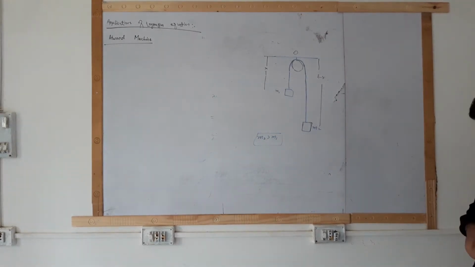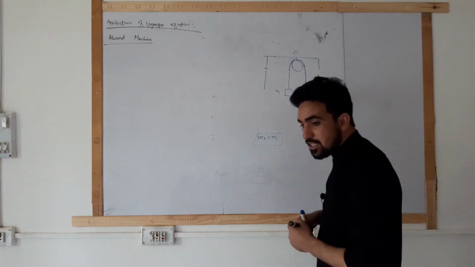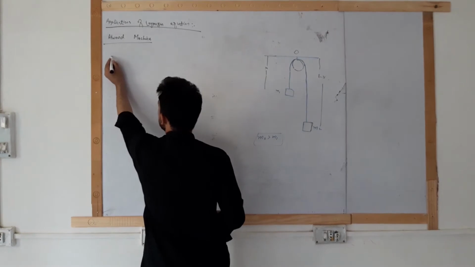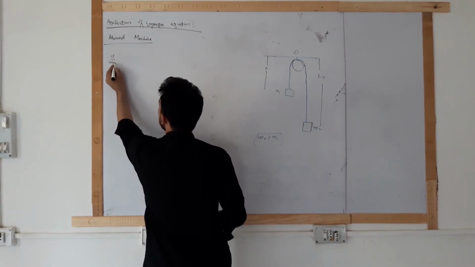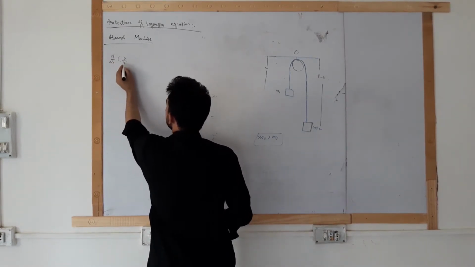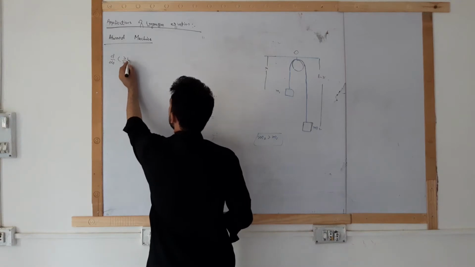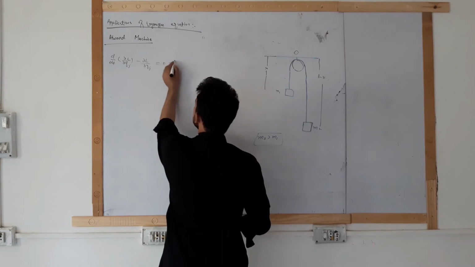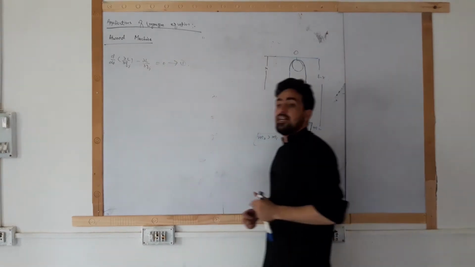We are going to use the Lagrangian equation to find the acceleration of this system. As we know, the Lagrangian equation is d by dt of partial L by partial qj dot, minus partial L by partial qj, is equal to 0. This is our equation number 1.